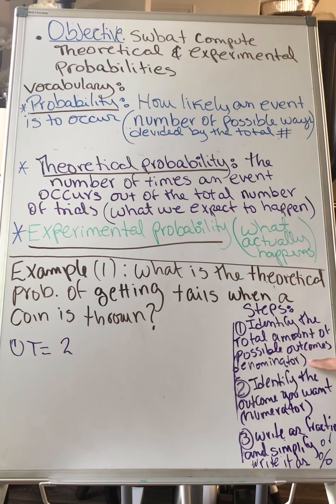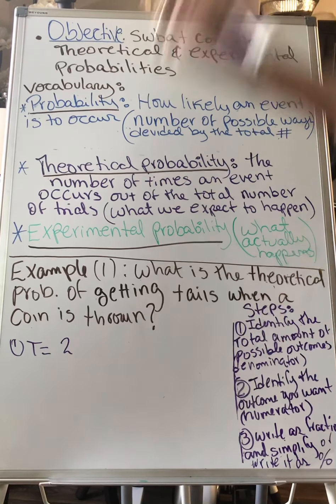The total will always be my denominator, but I like to identify it first because sometimes you have to add a bunch of different outcomes. It's important to know that your denominator is the biggest number. The second step is to identify the outcome that you want, or what they're asking you for. They want to know the probability of getting tails if I throw the coin once.